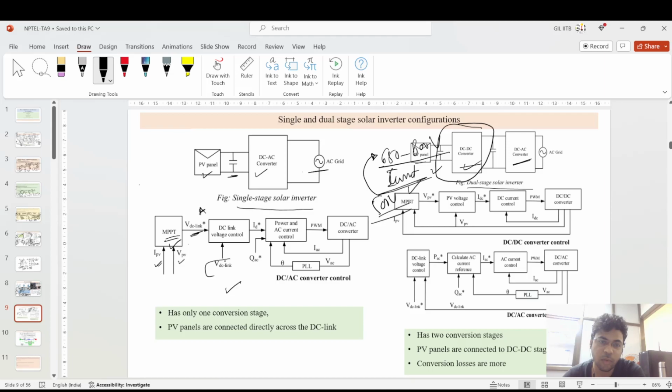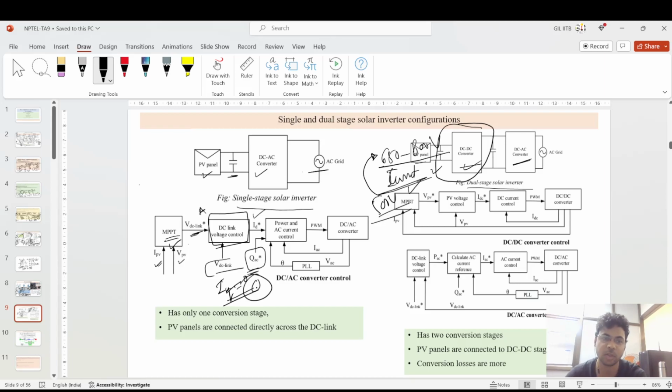Then you generate the VDC link star voltage, and the VDC link voltage is already available. Then the DC link voltage is controlled by controlling ID star, and QAC star is taken from the DC to AC converter, that is, what amount of QAC star you want to apply.